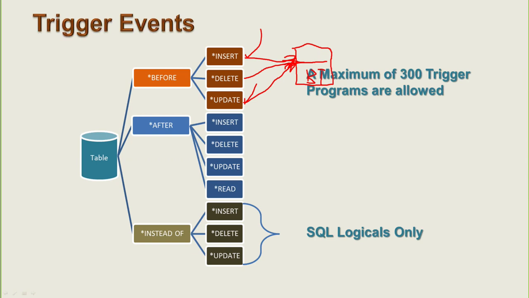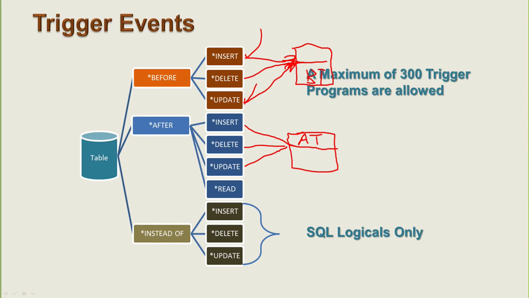Then it will go and look for any after events: insert, delete, or update, or read. If there are programs attached, and I generally, once again, have a single program for the after trigger events, and there might be attachments again.